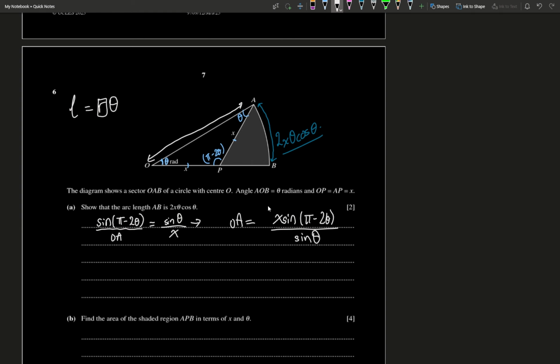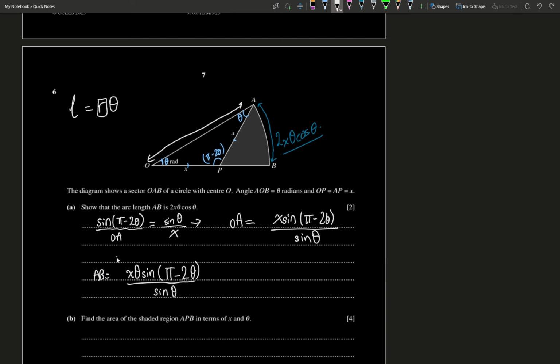Cool, we found the radius and then we multiply it by the angle theta, so the arc length AB is equal to x theta times sine pi minus 2 theta divided by sine theta.